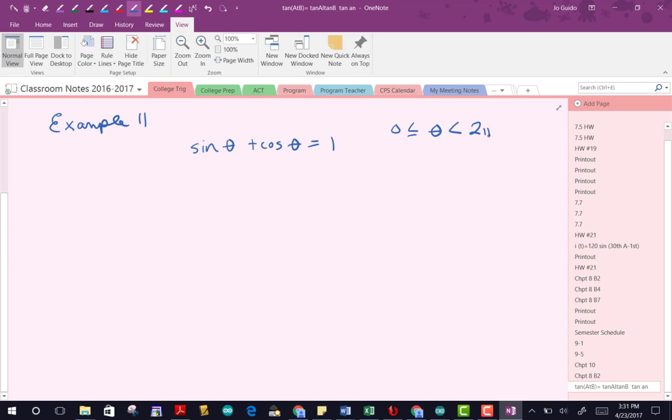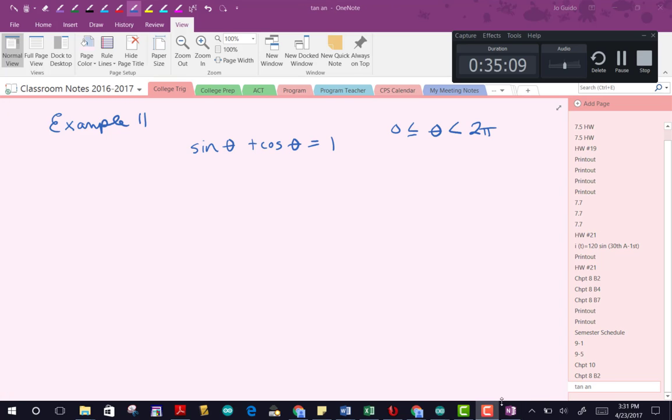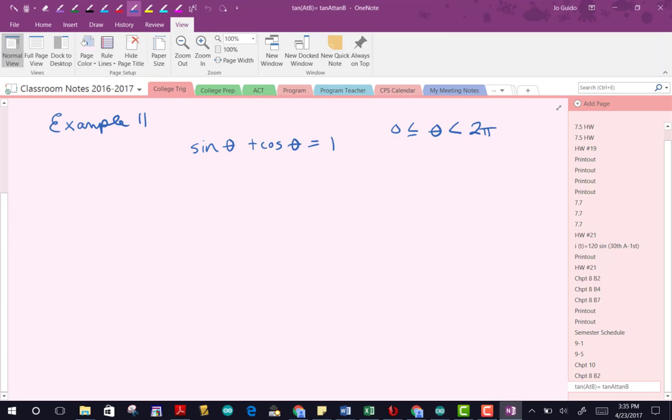Sine squared plus cosine squared is 1. So if I subtract that 1 from both sides, I get 2 times the sine of theta times the cosine of theta equals 0. Can divide both sides by 2.